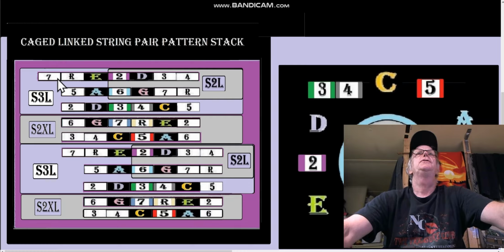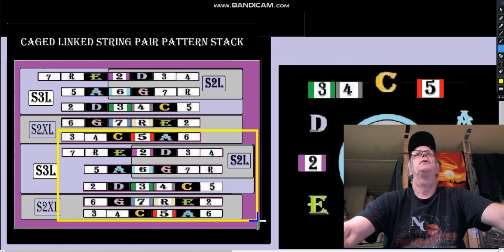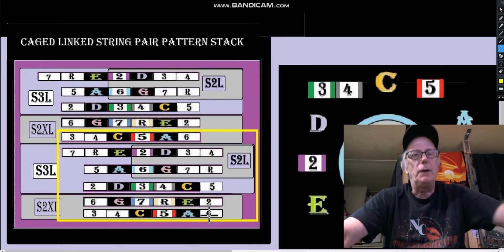As usual, we could just look at 6 strings at a time, and that'll work. And when we bring these top 2 strings over, magically we're looking at a C shape, but then going into an A shape.